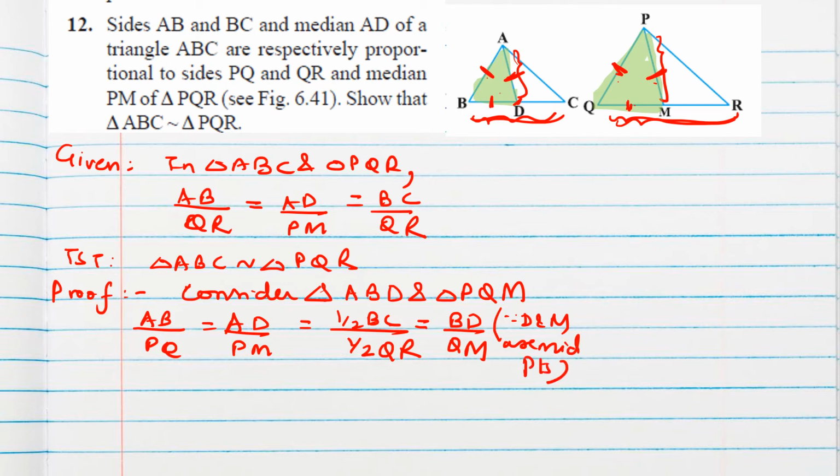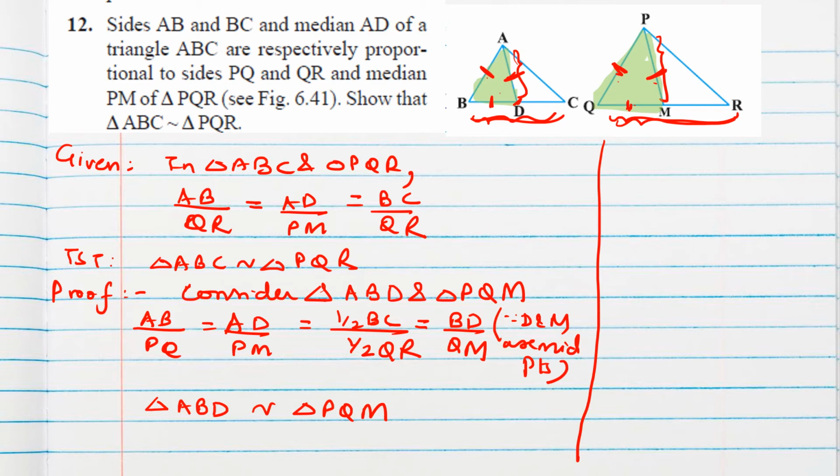Now if you observe, all these three ratios of sides of triangles ABD and PQM are equal. That is, triangle ABD is similar to PQM. To prove the similarity we have used all three sides, which means all three angles are equal. By CPST we can write all the remaining parts, only angles remaining.